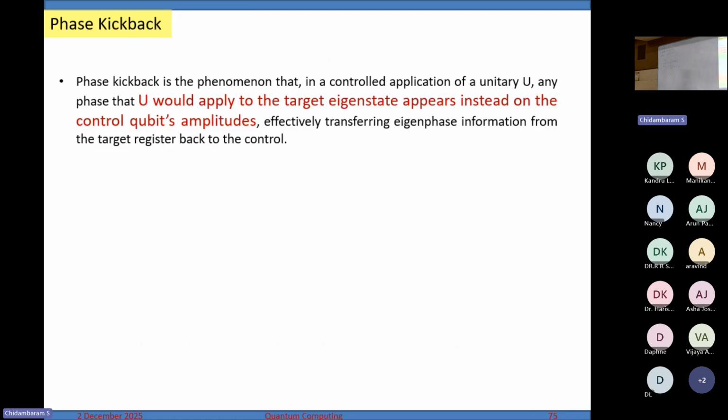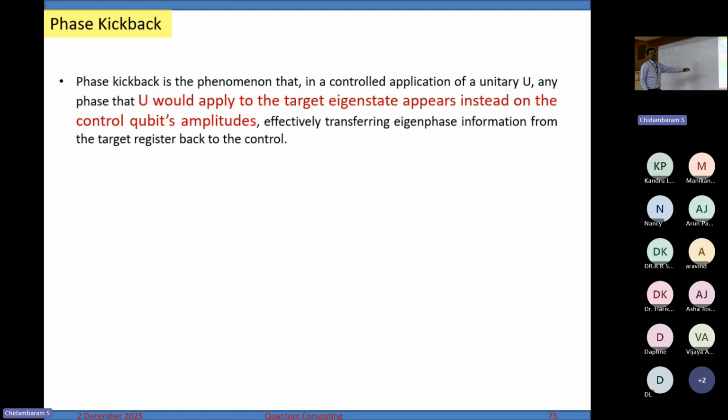Okay, so phase kickback is another interesting phenomenon in quantum computing algorithms, wherein, as was discussed for 2-qubit states, if you remember, in 2-qubit gates one qubit is called C and another is called T. What is C and what is T? Control and target. Control will say what would be the target.